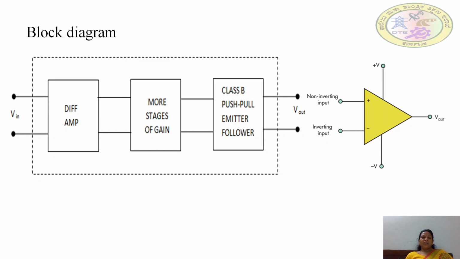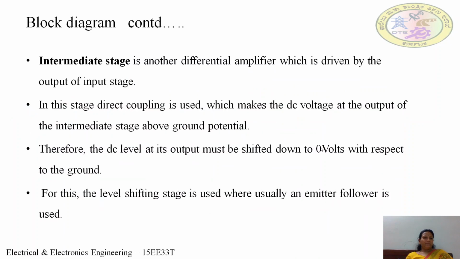The last stage, the output stage, consists of a push pull amplifier, which increases the current supplying capability of the operational amplifier. This is the symbol of an operational amplifier. As you can see, it consists of 2 inputs, 1 output and 2 supply voltage terminals, and the 2 inputs are the non-inverting input and the inverting input.